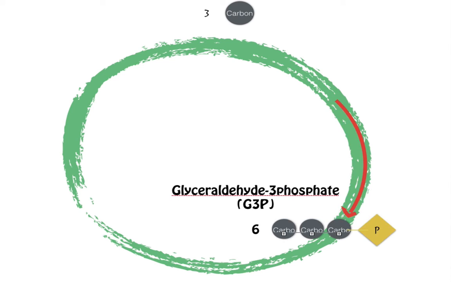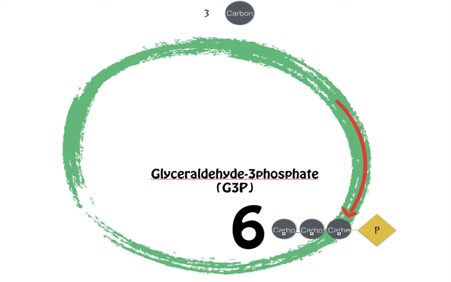It's a mouthful, but you can just remember it as G3P. G for glyceraldehyde, 3 because it's on the number 3 carbon, and P for the phosphate attached to it. And there's 6 of them. So keep that in mind.